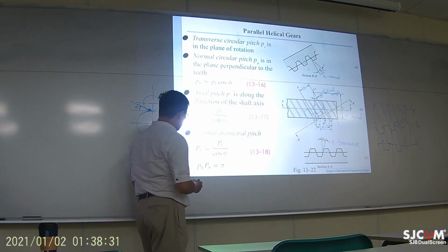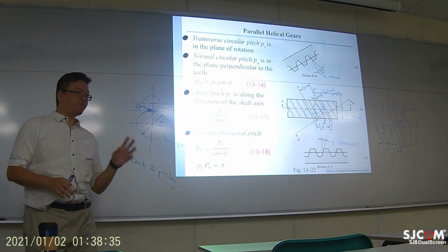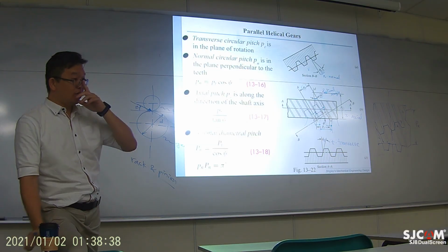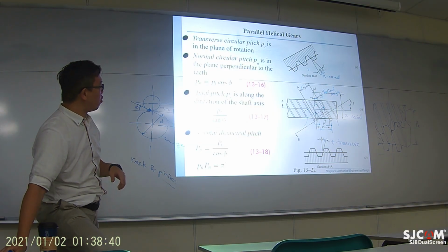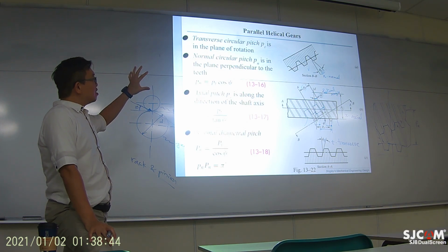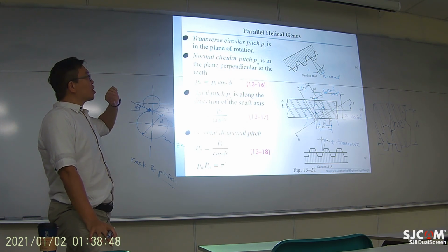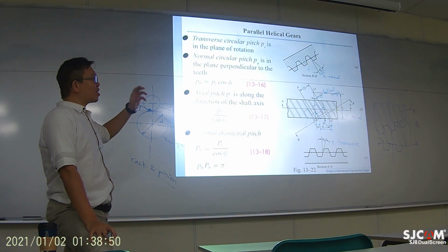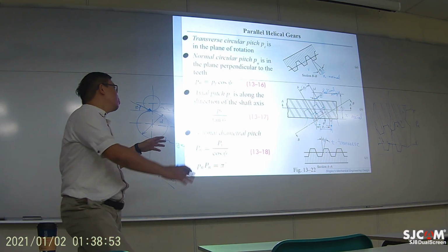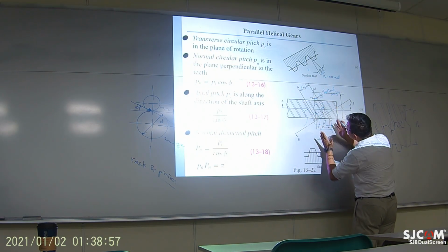Be aware that we have learned small p times big P equals pi. This is only valid for normal. Why is that? Because the profile of the helical gear is just like the spur gear when you are observing the profile along this normal direction.